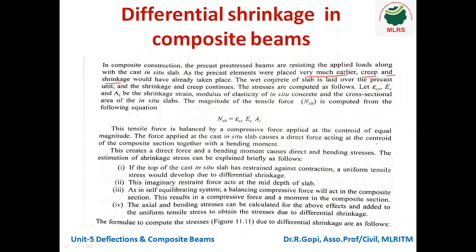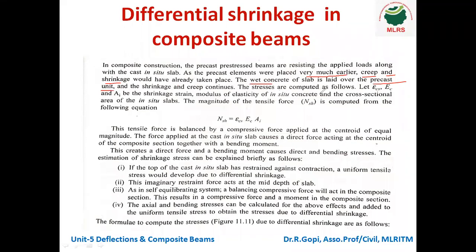It is not in a hardened state, it is in a fresh state, and the shrinkage and creep continue. So there will be a difference in shrinkage and creep between the precast unit and the slab.